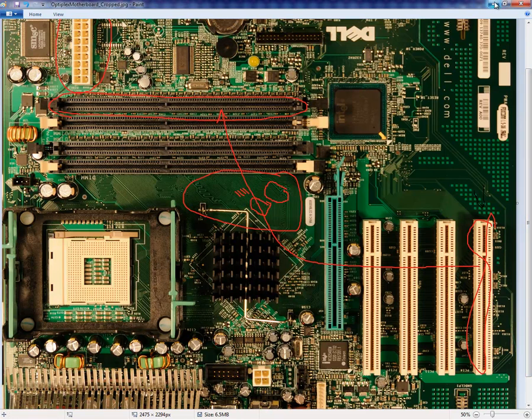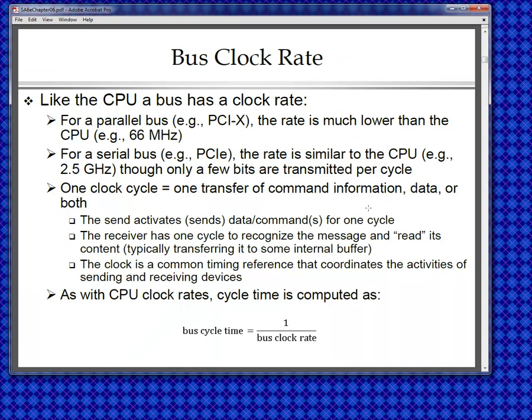Each of those time slices is a clock slice. It's one bus cycle. And the cycle time is simply 1 over the bus clock rate, so there's just an inverse relationship between the two.